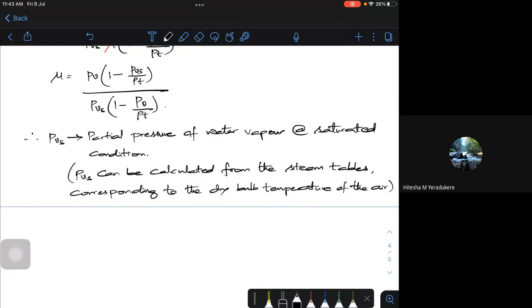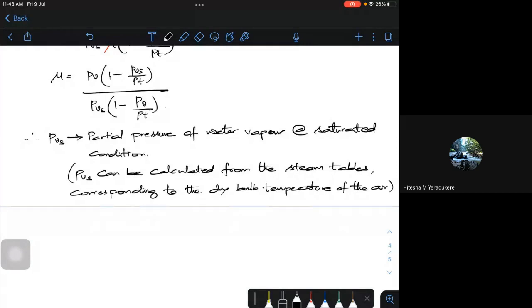If the relative humidity of air is less, if the number is 0.2 or 0.3, it will absorb more moisture.